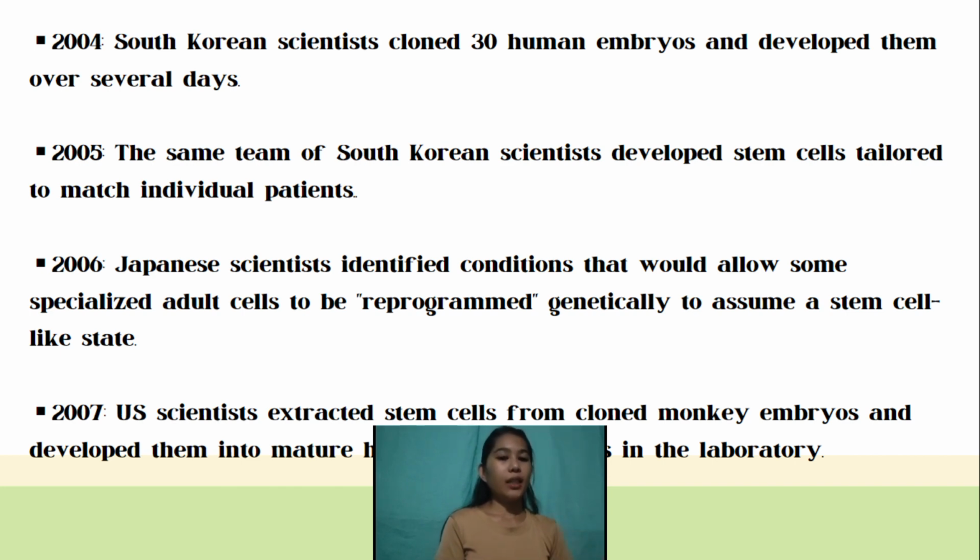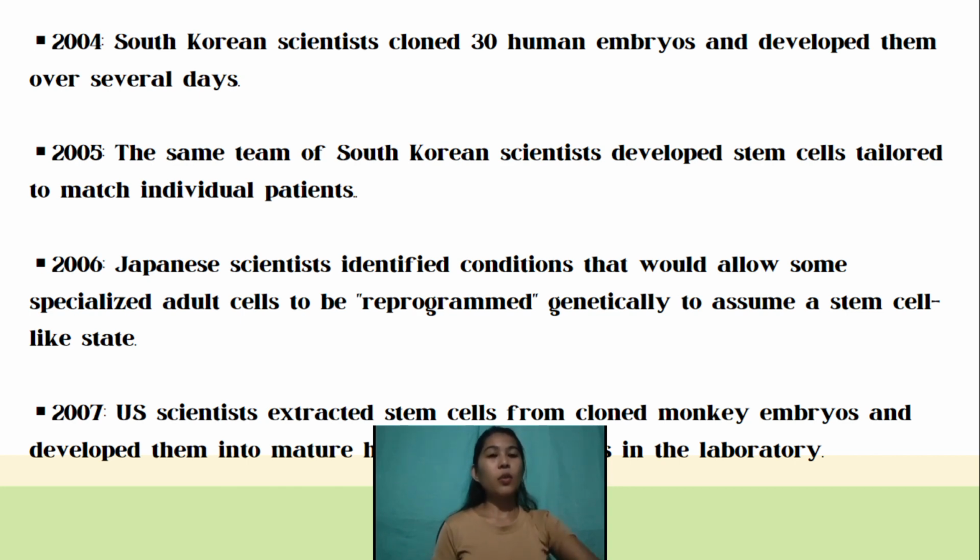And these reprogrammed cells are known as induced pluripotent stem cells. They have the ability to differentiate into various cell types similar to embryonic stem cells. They offer a new avenue for developing medicines without using embryos.